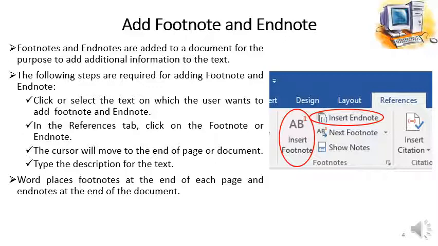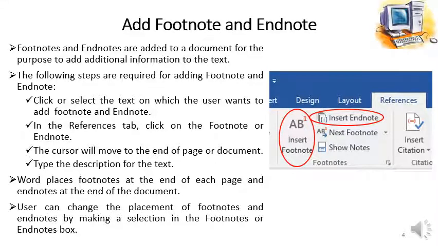This is the main difference between footnotes and endnotes, that Word places footnotes at the end of each page and endnotes at the end of the whole document. The user can change the placement of footnotes and endnotes by making a selection in the footnotes or endnotes options. So this is how you can add footnotes and endnotes in a Word document.